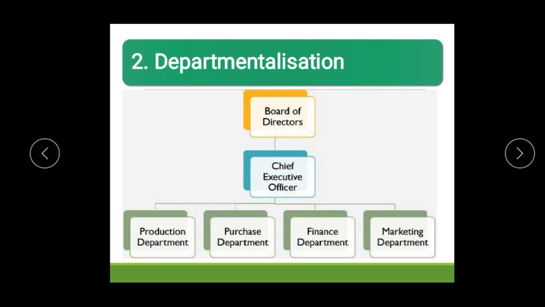The second department is the purchase department, and here the purchasing activities will come under the purchase department, whether it is the purchasing of machinery or the purchasing of raw material like cotton. So purchasing will be done by the purchase department.